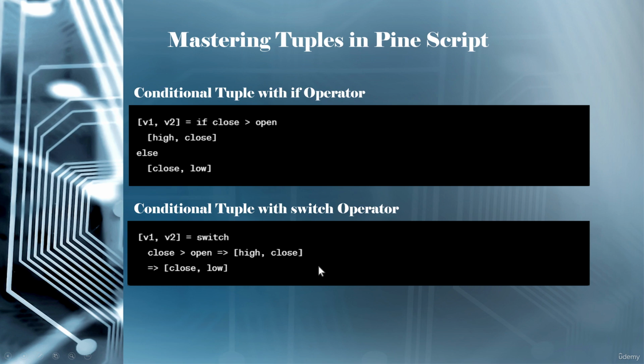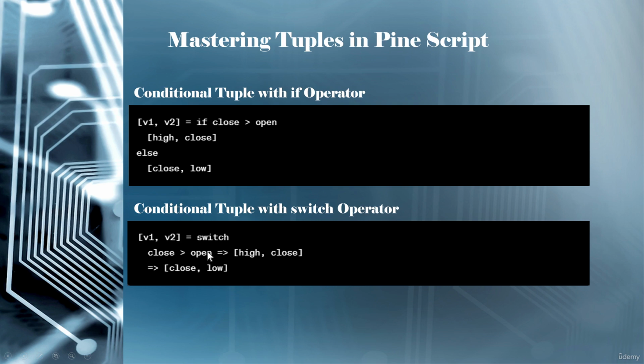Now let's review conditional tuple with switch operator. So you assign return of the switch operator to the tuple, in this case consisting of v1 and v2 value. Now in this switch operator, if this condition close bigger than open is true, then the switch will return tuple consisting of high and close value. And in this case, high will be assigned to v1 variable, close will be assigned to v2 variable.